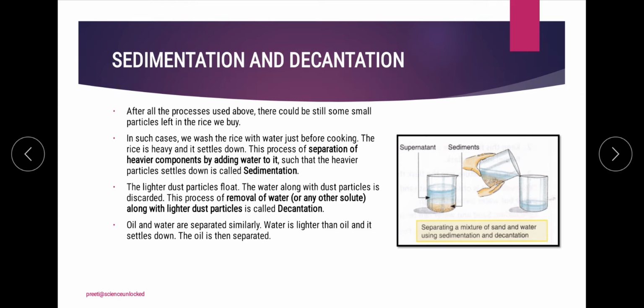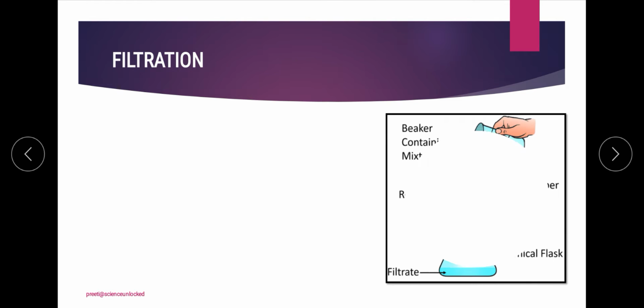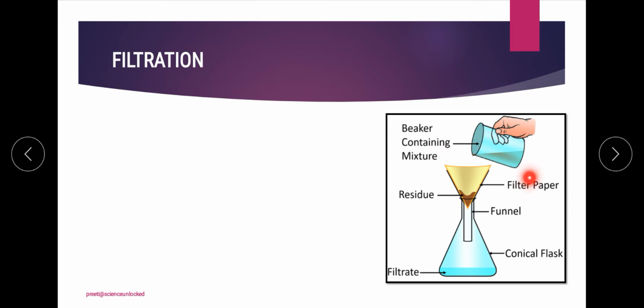Now we have talked about the concept of sedimentation and decantation, but sometimes certain impurities will be left behind, and sometimes the supernatant that we have taken out is not clear enough to be used. In that case we use a third technique along with the two processes, called the filtration process, where we use a filter paper and a funnel.